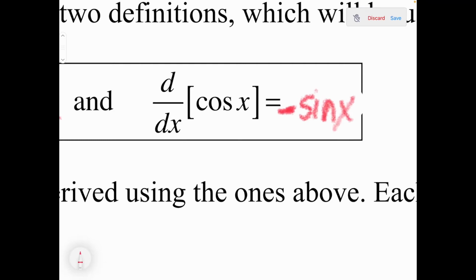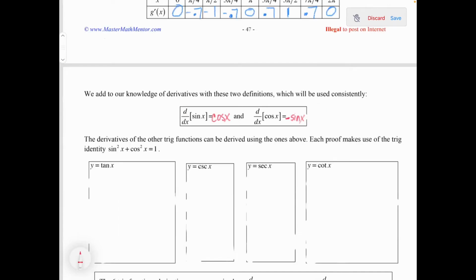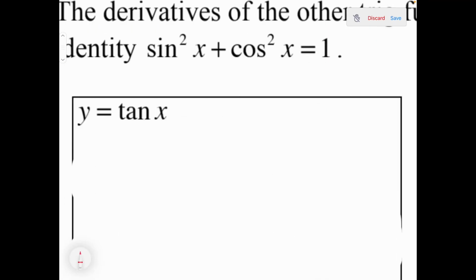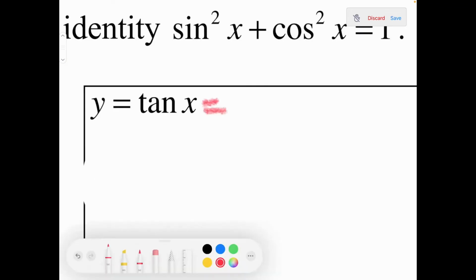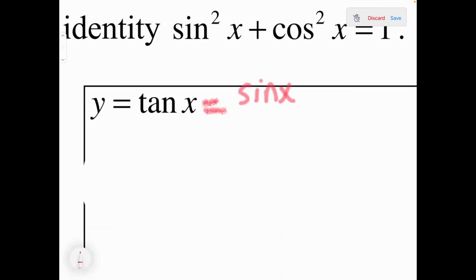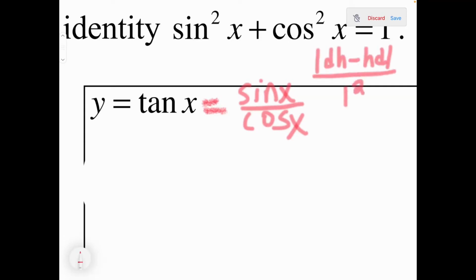So these derivatives and some identities can be used to prove these other derivatives. So tangent x is equal to sine x over cosine x. And we're going to use the quotient rule for that. The quotient rule: low d high minus high d low, all over low squared.